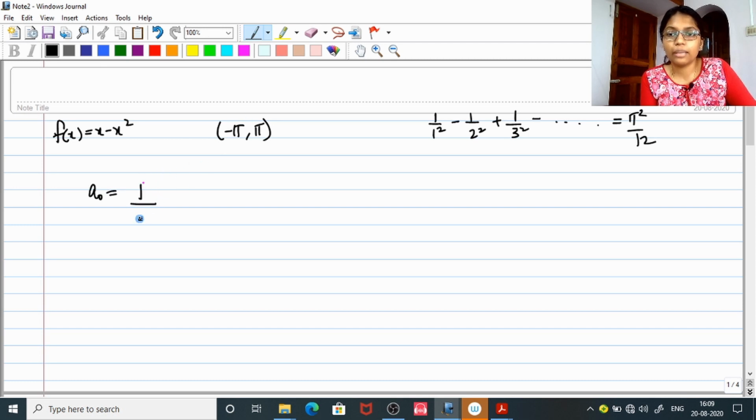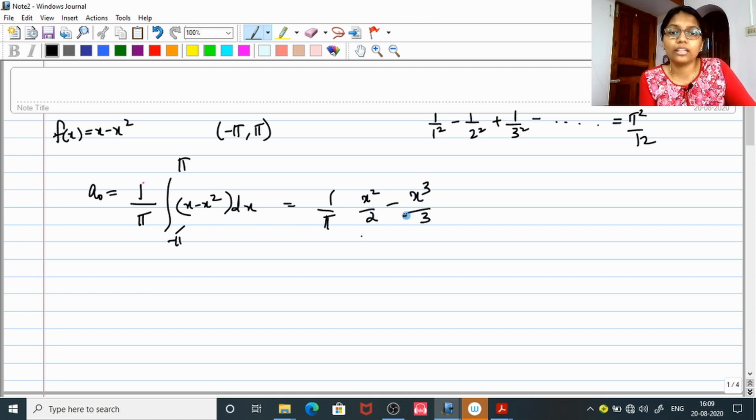It is 1 by pi integral from minus pi to pi of x minus x square dx, which is 1 by pi times the integral: the integral of x is x square by 2 and the integral of x square is x cube by 3, with a minus in between.